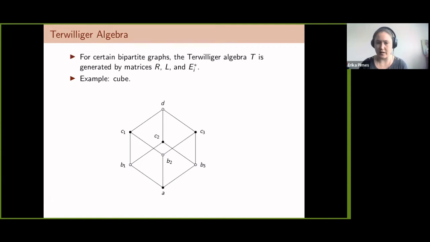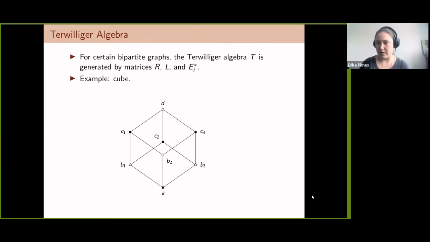I colored the vertices black and white. And here I have labeled the vertices in a special way. Let's start down at the bottom, where I have vertex A. And then the vertices that are of distance 1 from A, I have B1, B2, B3. Then distance 2 from A, C1, C2, C3. And then distance 3 is this vertex D.